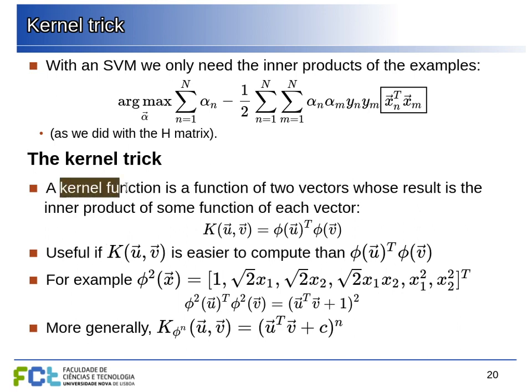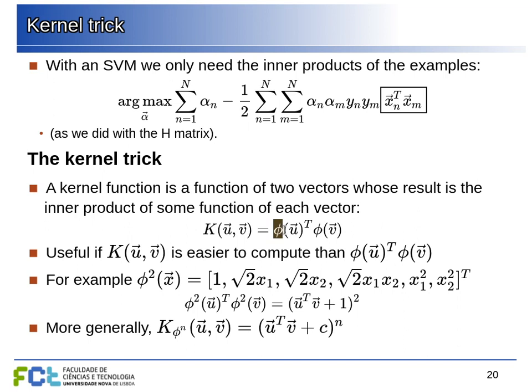A kernel function in this context is a function of the two vectors, the inner product of two vectors after some transformation. So we take the vector u, transform it with this function here, and do the inner product of the transformation of v also.